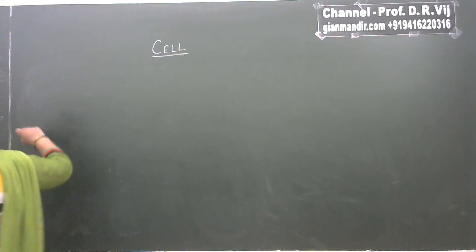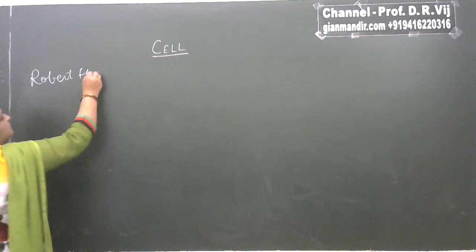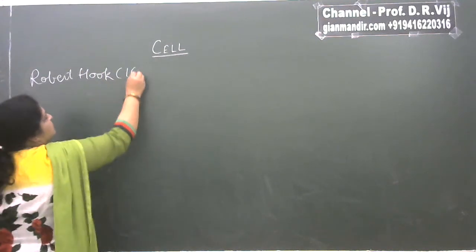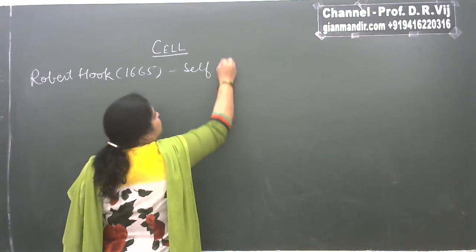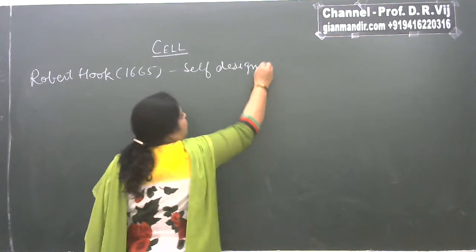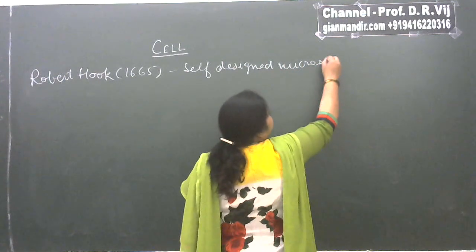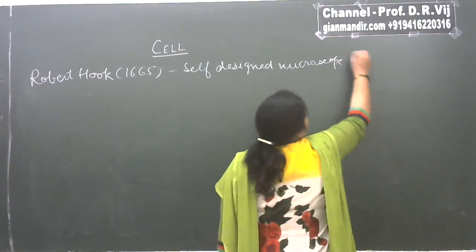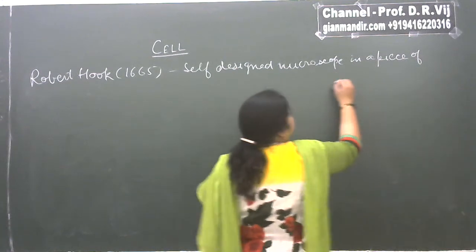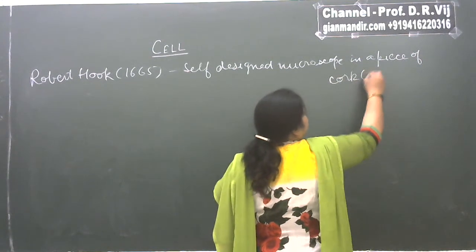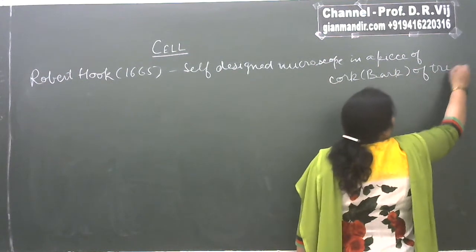The cells were first discovered by Robert Hooke in the year 1665 by using his self-designed microscope in a piece of cork, which is the bark of a tree.